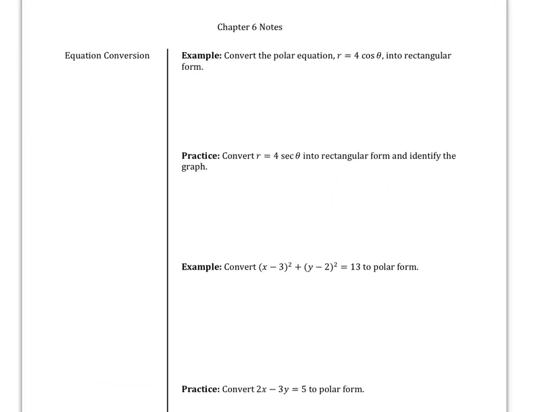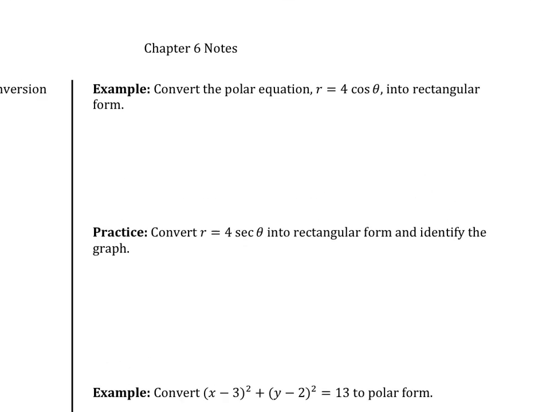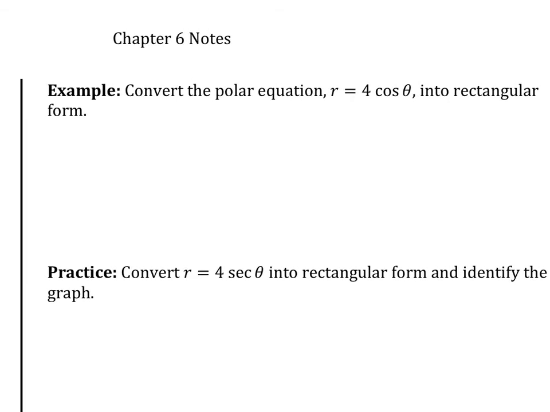All right, next one. How do we convert now not just a point, but a whole equation? So if we have the equation r equals 4 cosine theta, so this is obviously in polar coordinates, how do you turn this into rectangular coordinates? This one is a little bit tricky.